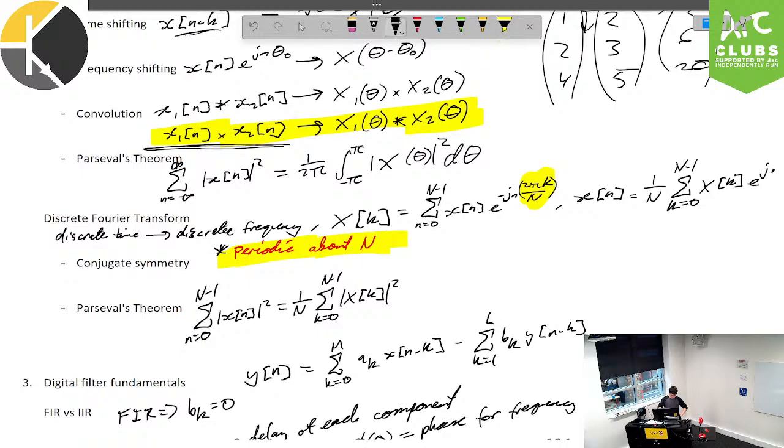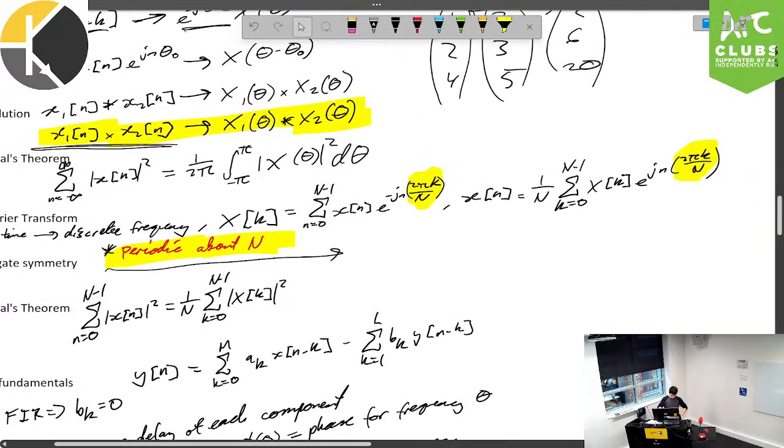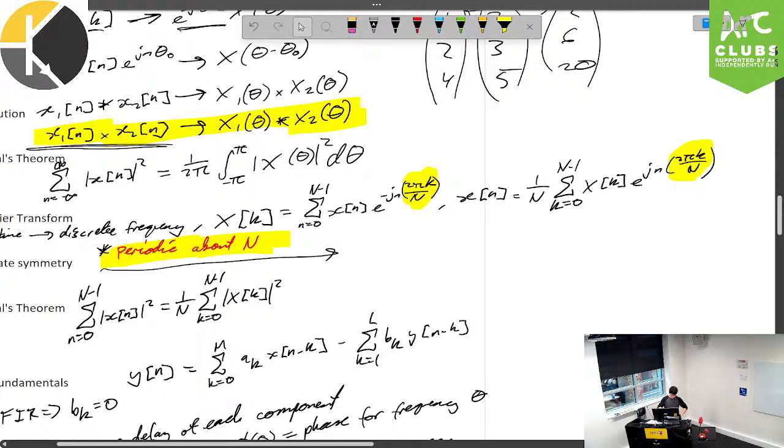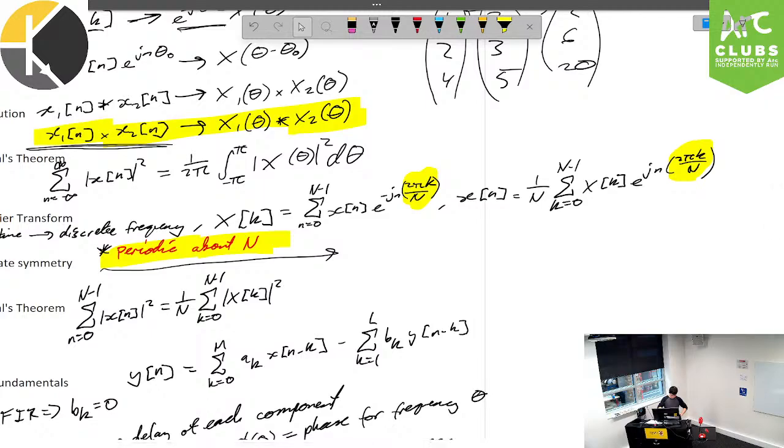Okay, so given that we're only talking about n samples, the discrete Fourier transform has conjugate symmetry. What that means is that whenever I perform my discrete Fourier transform, I get a sequence of values that are conjugates of its opposite value.